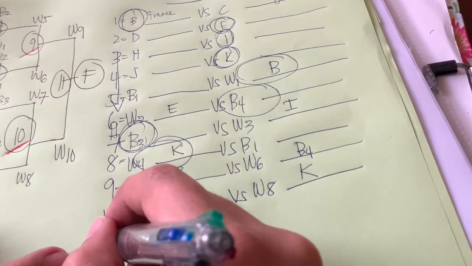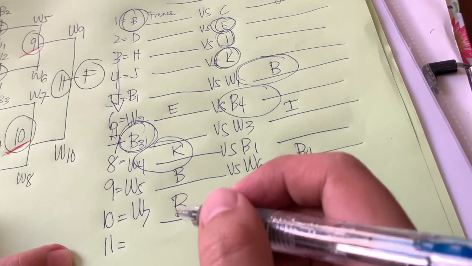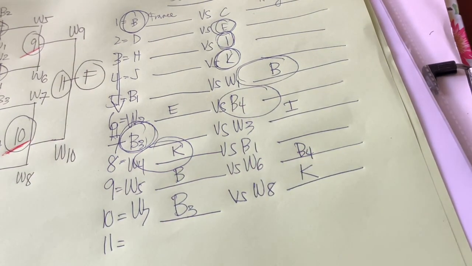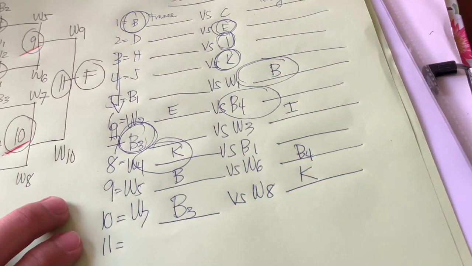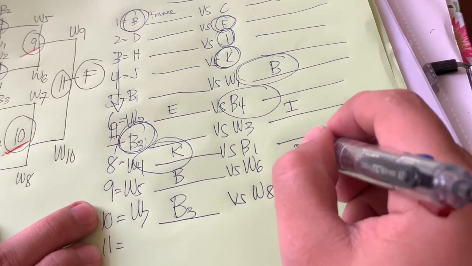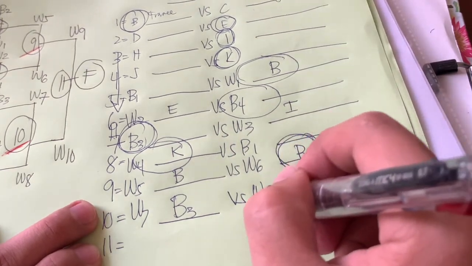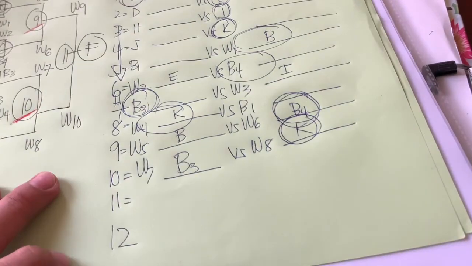Now, for game 11, we have to look for the losers from game 9 and game 10. So for example, the winner in game 9 is bye 4 and the winner for game 10 is K. So we'll jump straight to the finals.